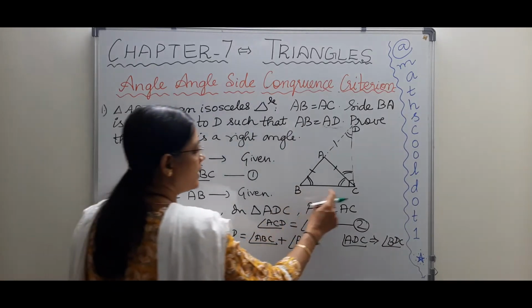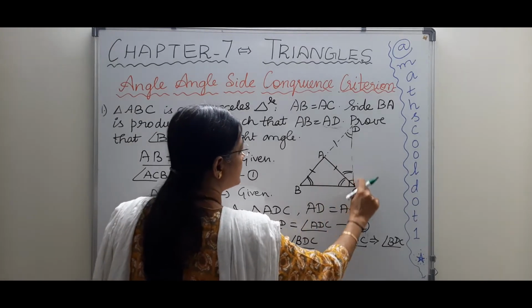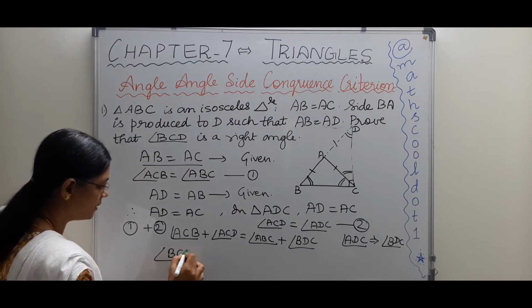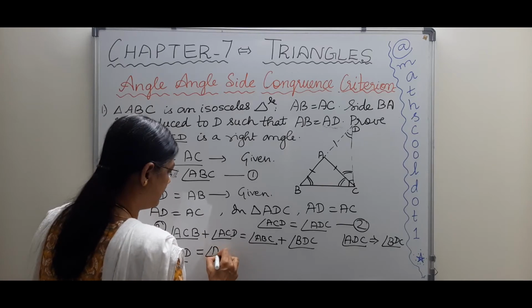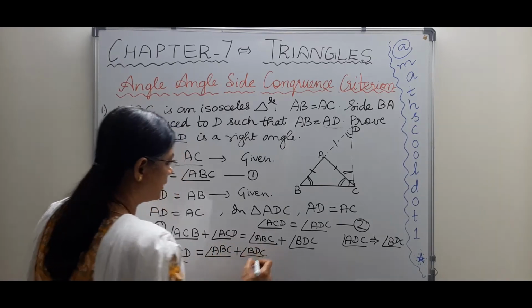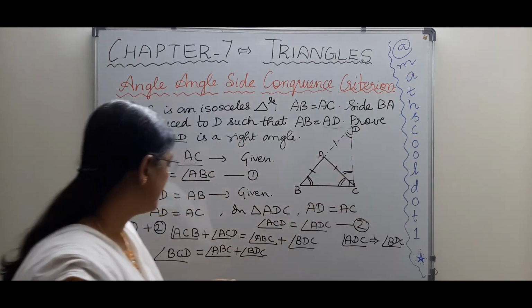Now angle ACB plus angle ACD is nothing but angle BCD, right? So BCD is equal to angle ABC plus angle BDC. Do you understand what I'm trying to say?